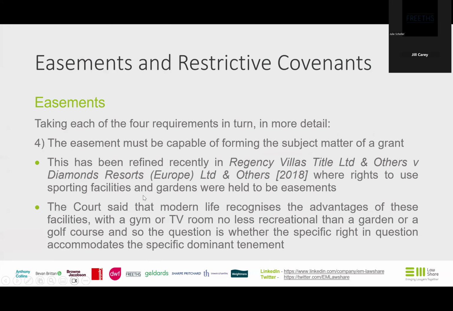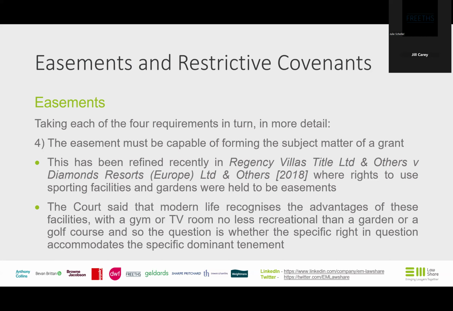And so the court has more recently, in the Regency Villas case, reflected that modern life has changed. That was a case about using sporting facilities and gardens, and whether that was capable of being an easement or whether something like a television room was simply recreational.